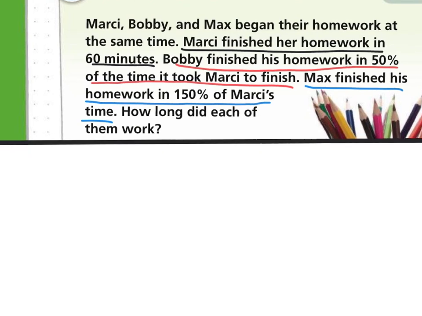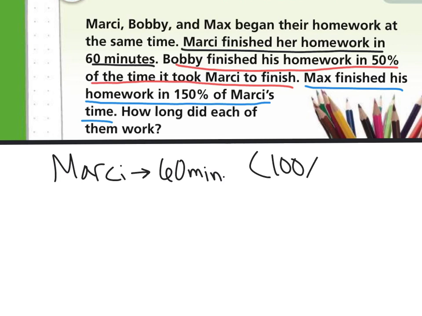We already know Marcy is going to be 60 minutes, and this is going to be our basis of comparison. This is going to represent 100% as we look at the rest of this problem.